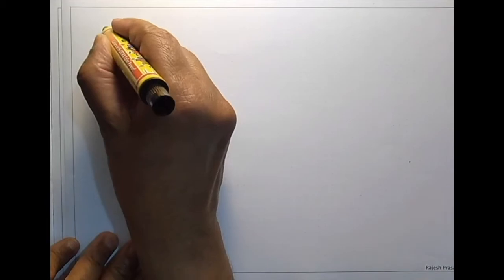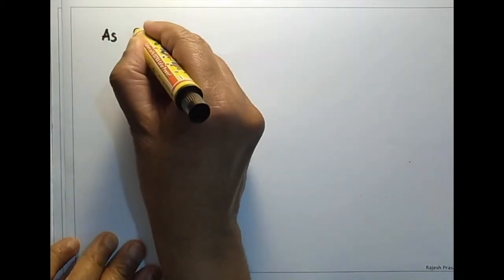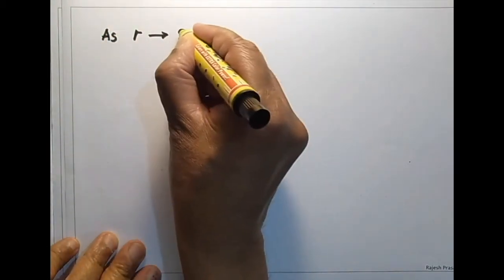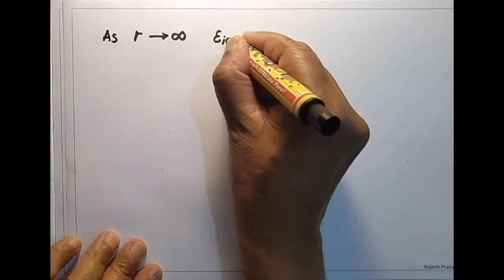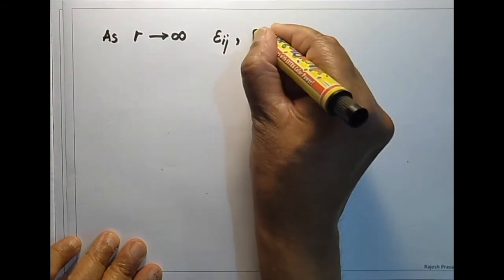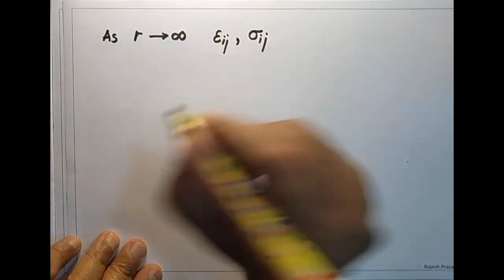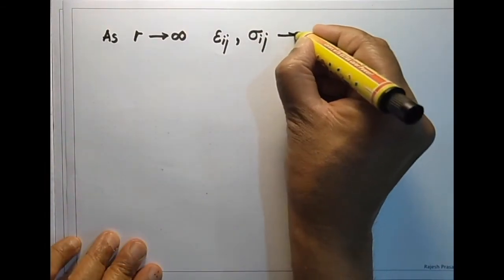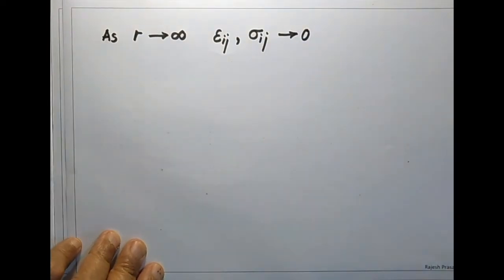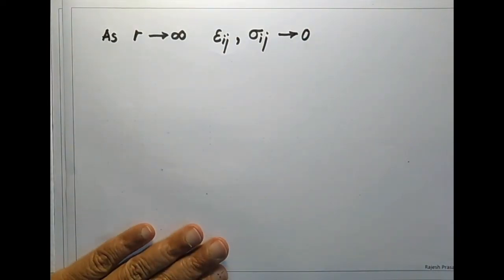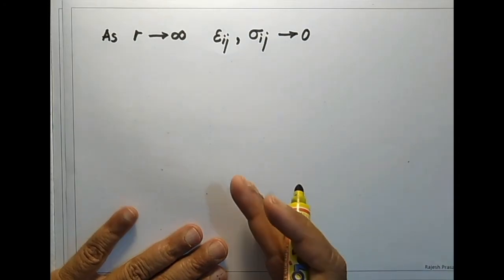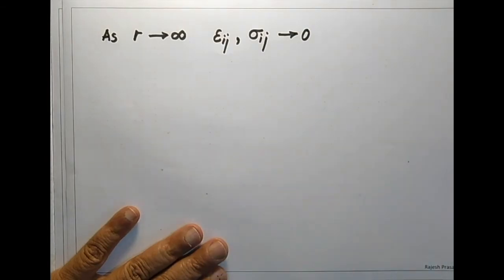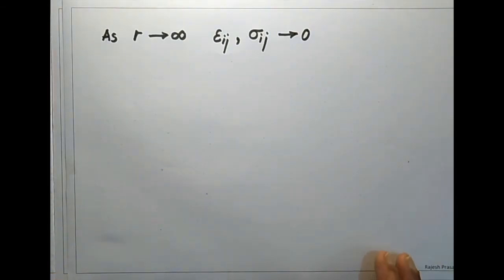So this means as r tends to infinity, as we go far away from the dislocation, both strain epsilon ij and stress sigma ij tend to 0. So this is reasonable, that this stress and strain field is due to the dislocation, and as we go away from the dislocation, the stress and strain field tend to 0.